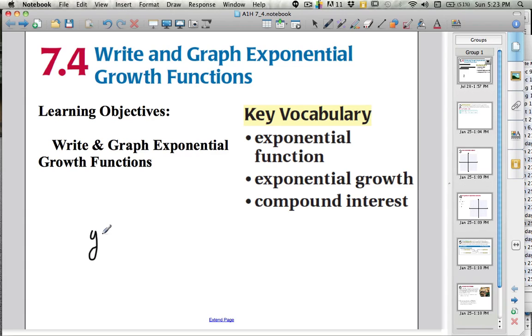And when you think about exponential growth functions, they're normally in their simplest forms, y is equal to a times b to the x power. All right, and the reason they're called an exponential function is you'll notice that our variable x is now an exponent.